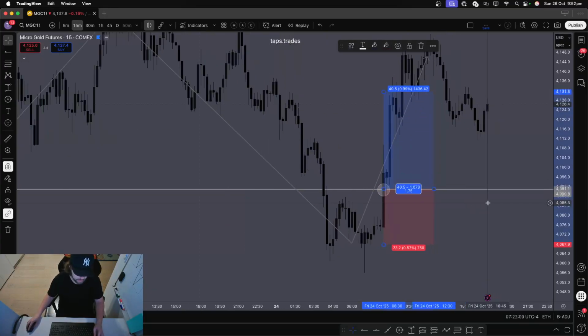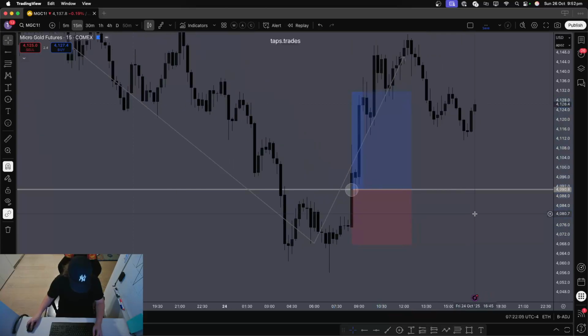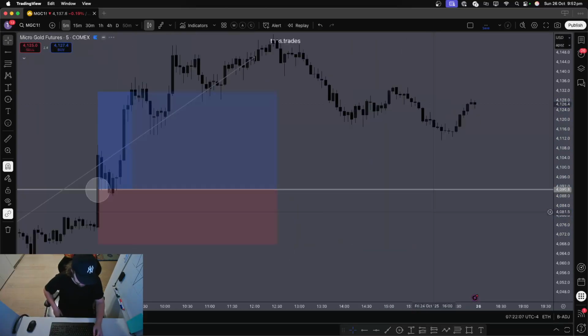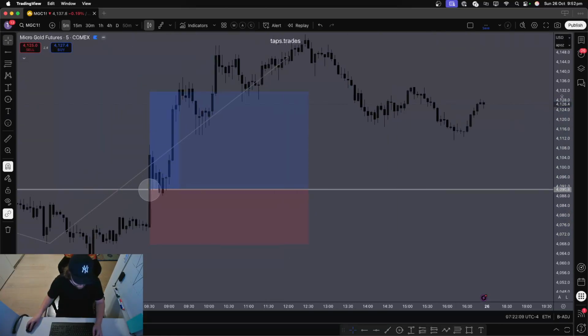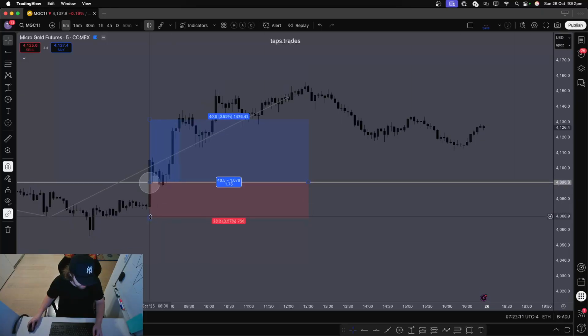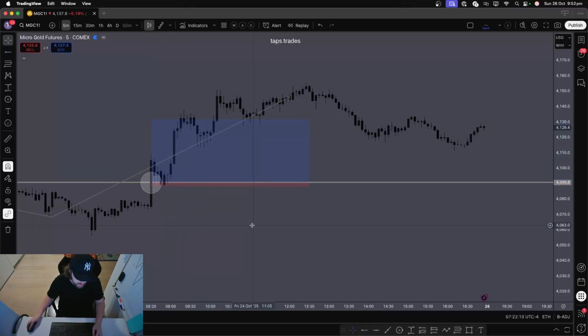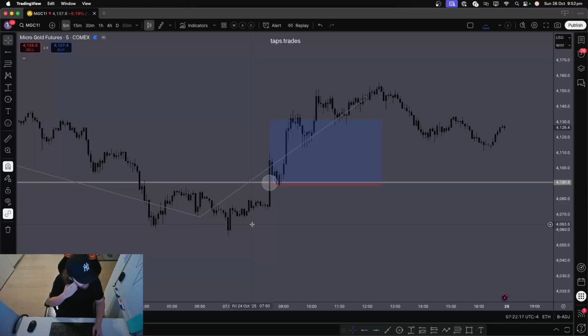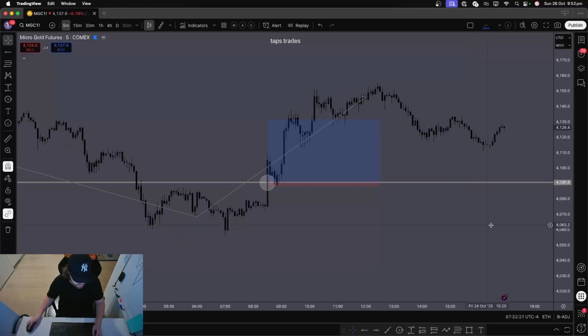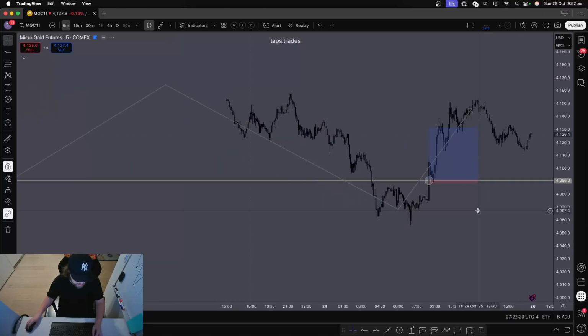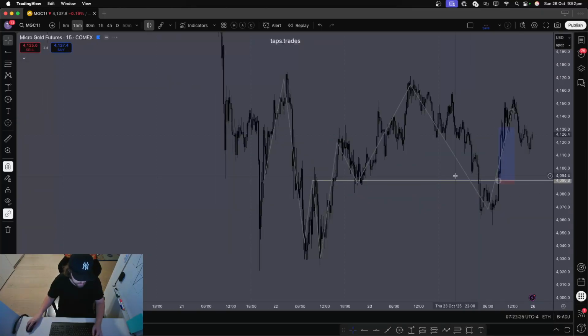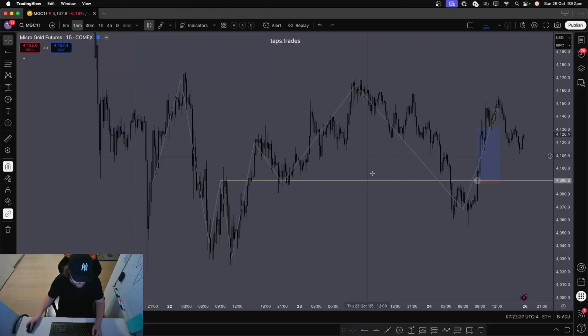Okay. When that hits, go back to the 5-minute. I'm taking risk off. I then move my stop loss below this swing low. If price is in a true uptrend, price should not come below this level. Okay? Overall target. The overall target is this swing high.